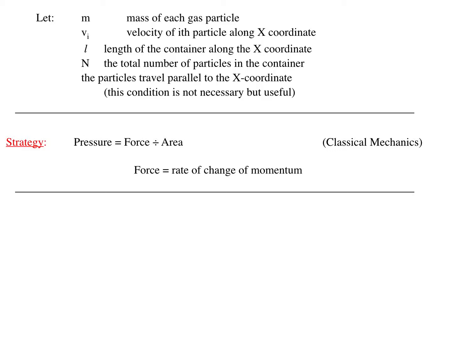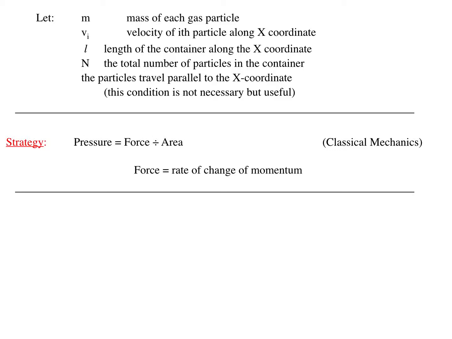So we're going to calculate the force by, again, applying classical mechanics. Force equals the rate of change of momentum. So if we can calculate the rate of change of momentum, we can calculate the force. We know the area of cross-section of the container, so we can calculate the pressure.